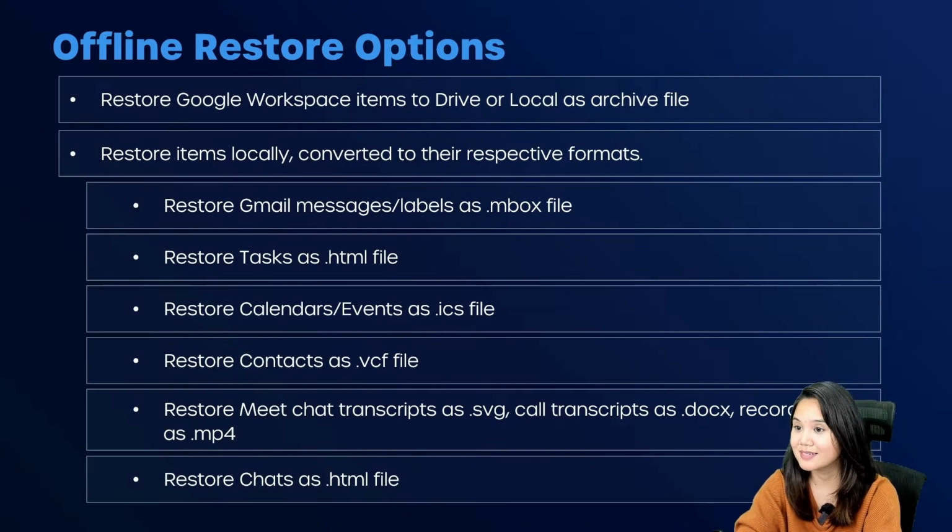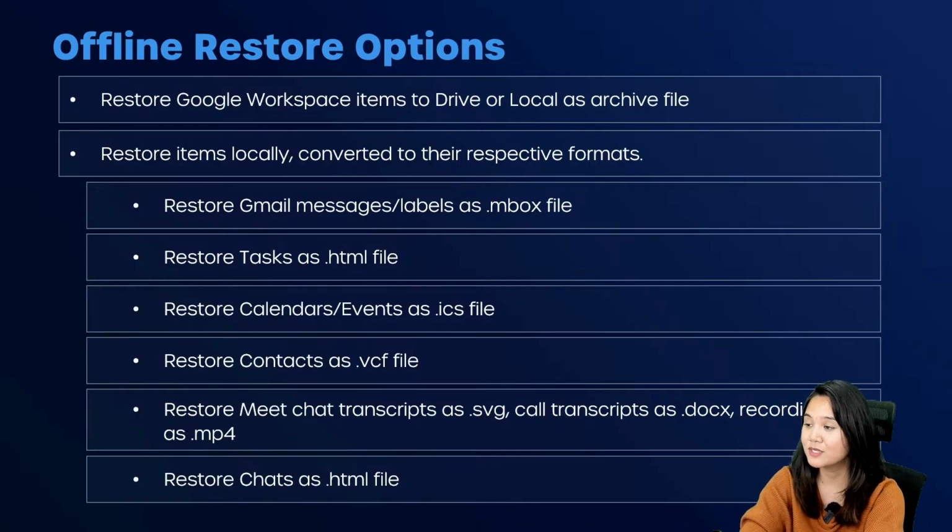On the other hand, our offline restore gives you complete flexibility. You can bring your Google Workspace items back to Drive or a local destination as archive files, all converted into their usable formats. Emails restore as mbox, calendars as ICS, contacts as VCF, tasks and chats as HTML.